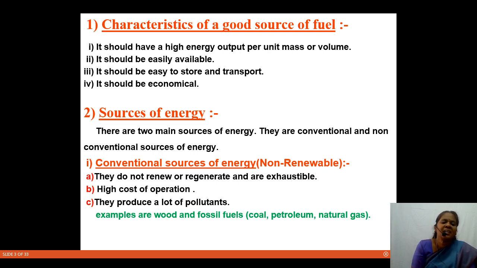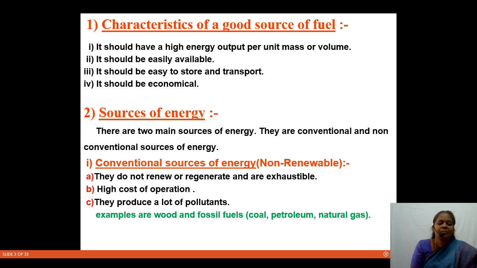Second, it should be easily available. It should be easy to store and transport. It should be economical. So these are the important 4 points we have to remember before getting a new fuel.